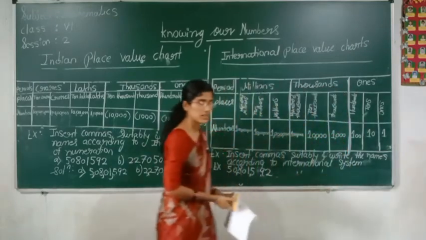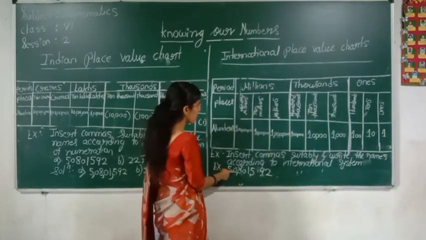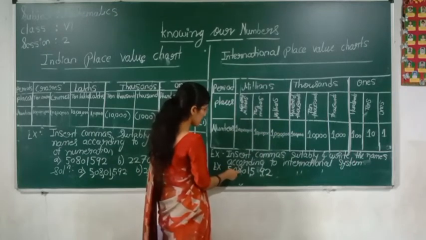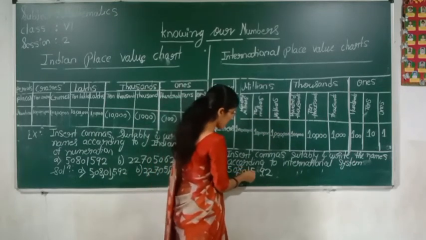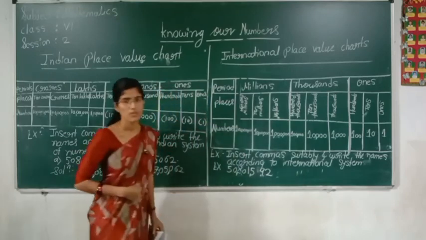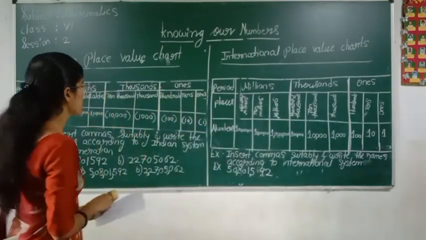So I will read this number: 50 million 801,592. Okay, we will solve exercise problems.